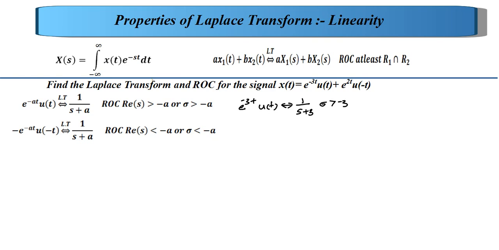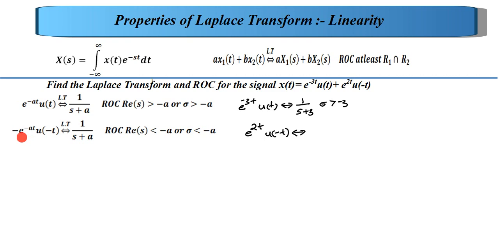And coming to the next signal, if you compare with the standard form, it is e raised to 2t into u of minus t. This u of minus t indicates it's an anti-causal signal. If it is an anti-causal signal, in the form minus e raised to minus at into u of minus t, you can write 1 by s plus a.